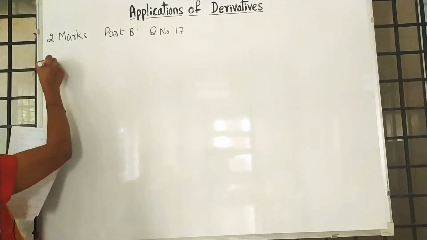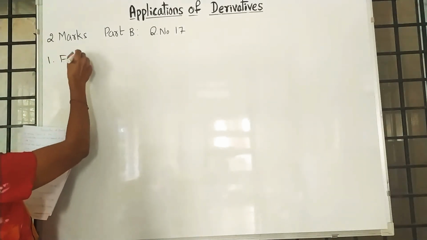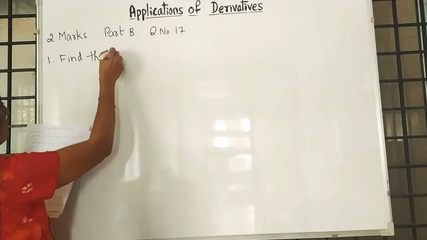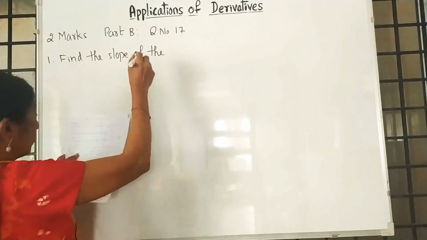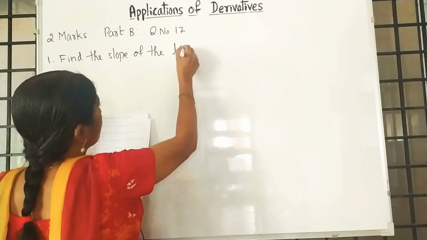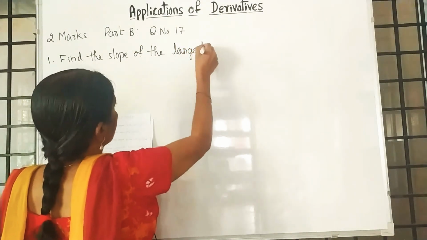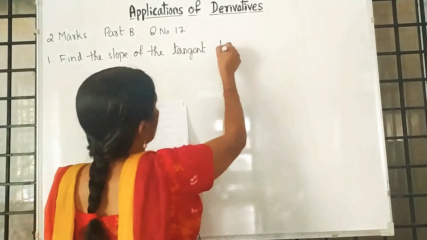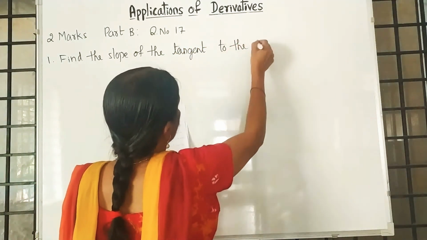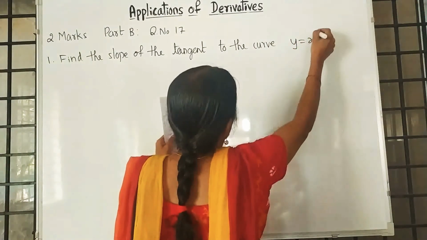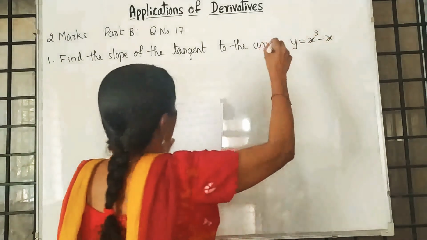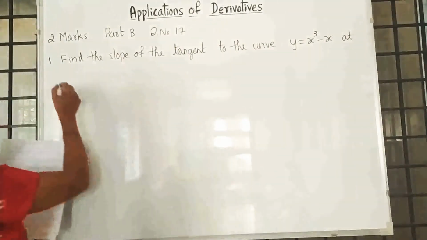Find the slope of the tangent to the curve y is equal to x cube minus x at x is equal to 2.